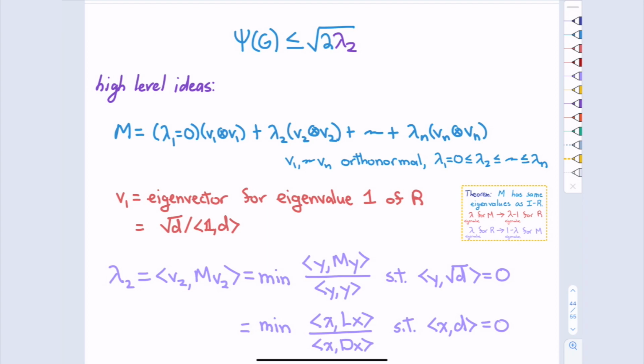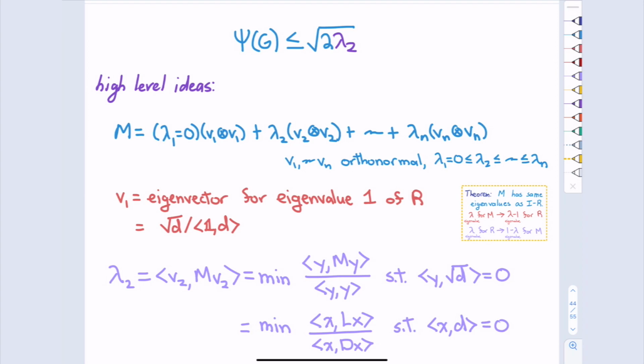But if I don't have any constraints, then it's just going to pick v_1, because that will give me the 0 value. So it'll just pick square root of D. But if I force y to be orthogonal to v_1, then it has to pick only combinations of v_2 through v_n. And in that case, it will pick v_2.